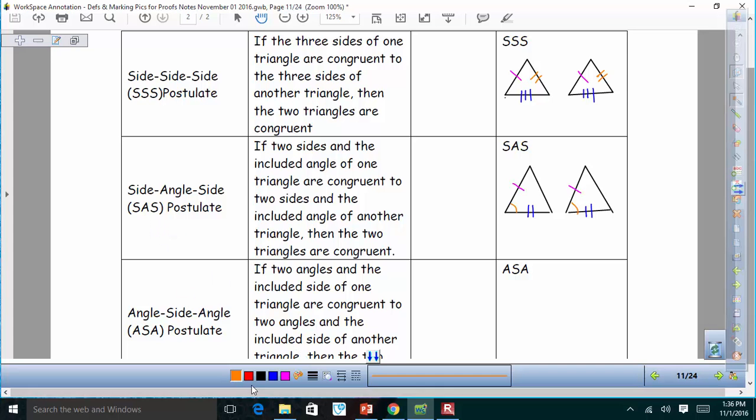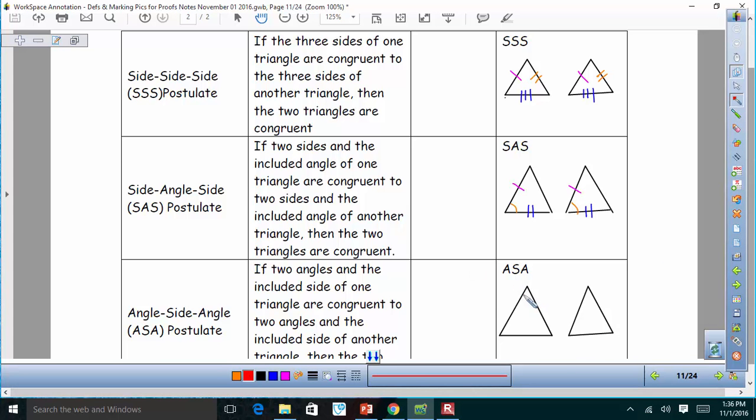Okay, and then the flip of that is angle, side, angle. So where is this side going to have to be in reference to the angles? In between the angles. So when you draw your pictures and you make two of the angles congruent, the side that connects those two angles is going to have to be the side that's congruent.